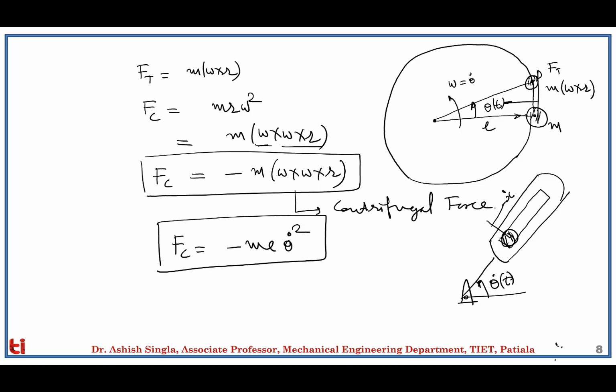If there is an observer on this ball, the force experienced by this observer will have both the components, x dot as well as theta dot. So the Coriolis component of the force will have both the components x dot and theta dot, and it will appear when there is a superposition of two velocities.